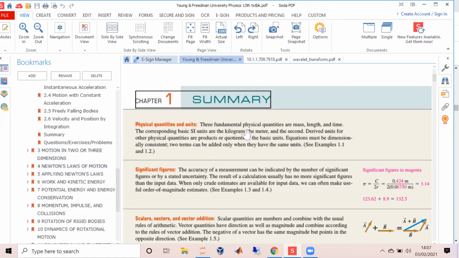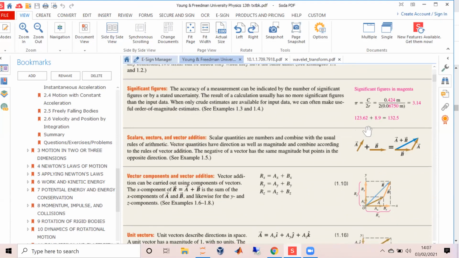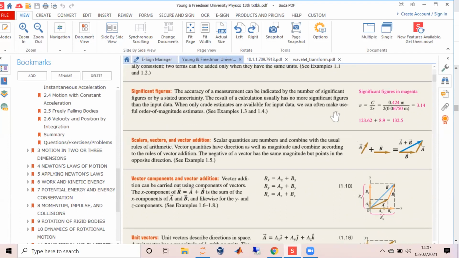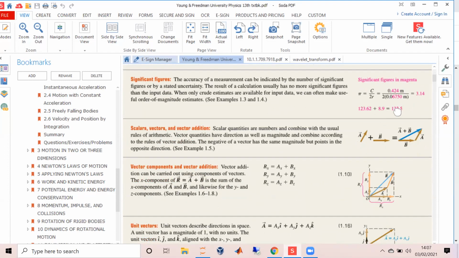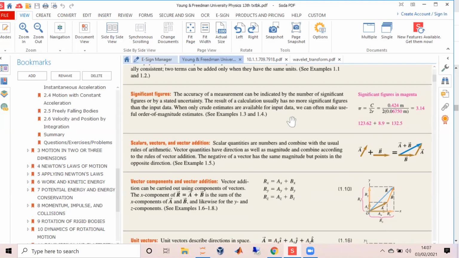What else do we have here? Significant figures. Well, this is related to accuracy and uncertainties, right? For example, if we are using 5 significant digits here, and here we are using 2, we cannot go beyond those 2, right? So we are always limited by the amount of digits that we can express, okay?